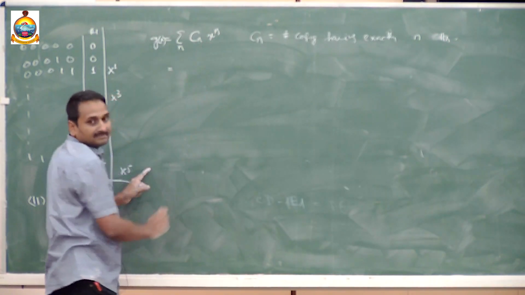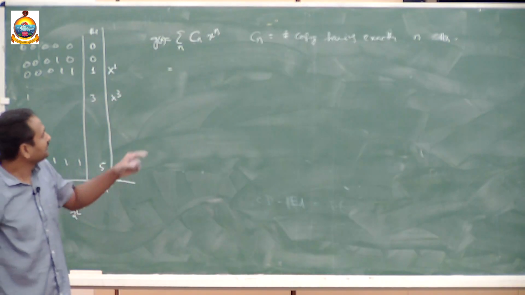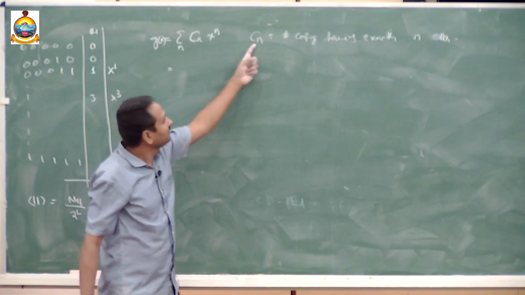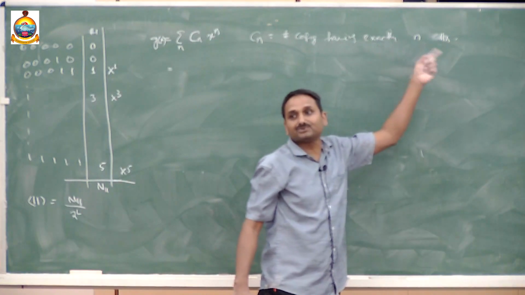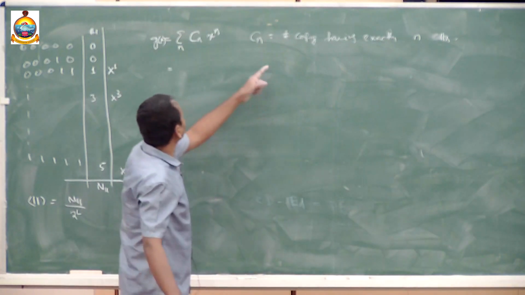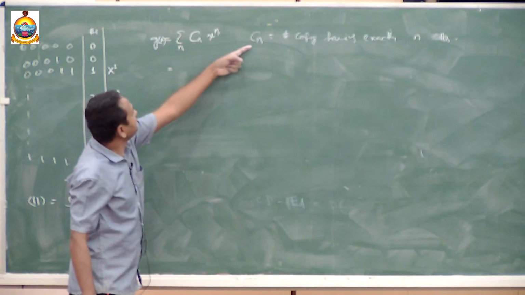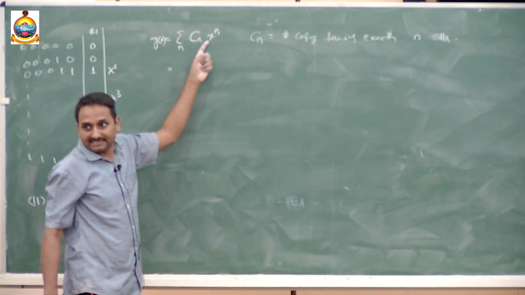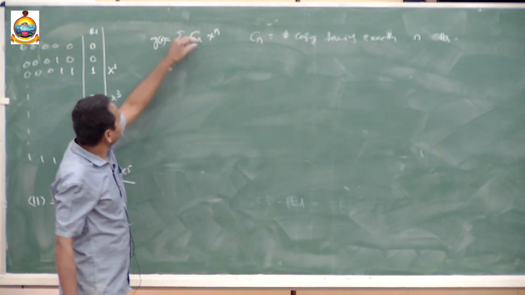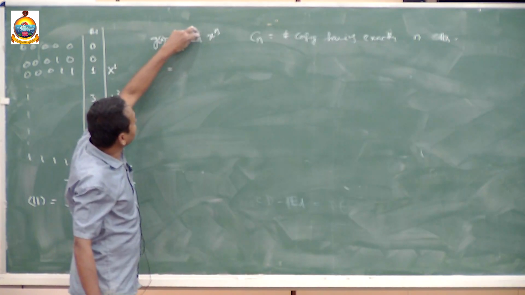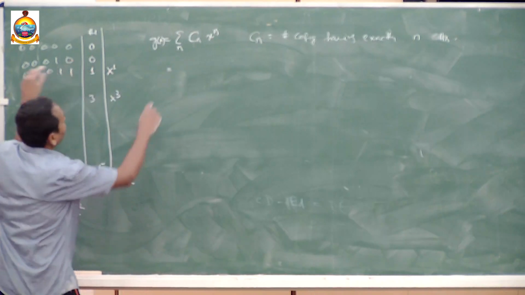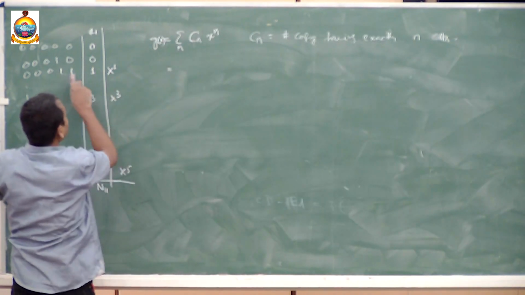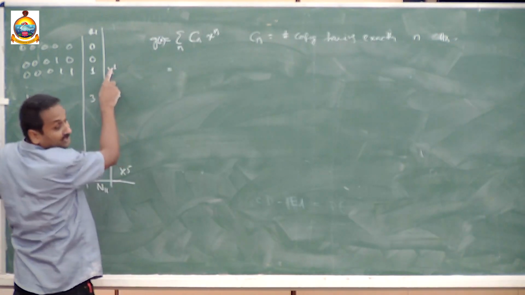I'm starting with this question now. The question is: how many configurations have exactly n consecutive ones in a binary string? So this is Cn, and you write a generating function like that. This Cn is just the number of configurations which is this. Wherever such a configuration occurs, you just put x to the power n.